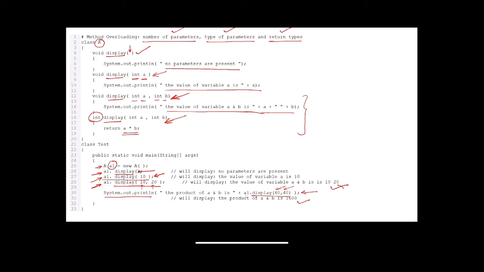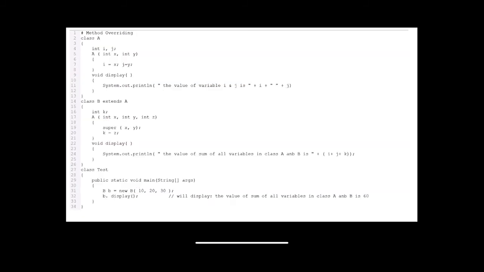Next, let us see the concept of method overriding. Till now we have seen method overloading is done in one class. Now, there is the problem of the same method in 2 classes where the classes have inheritance between them; then the concept is called function overriding. Let us see how.